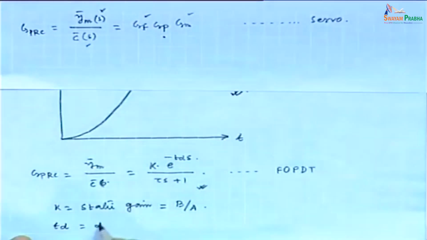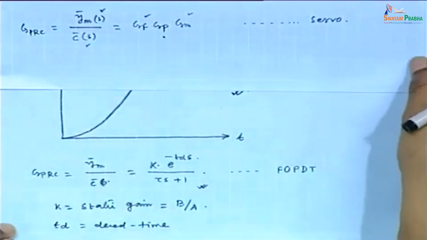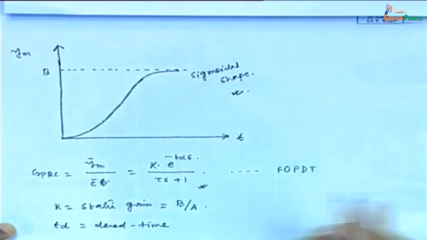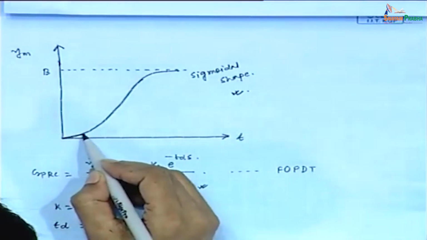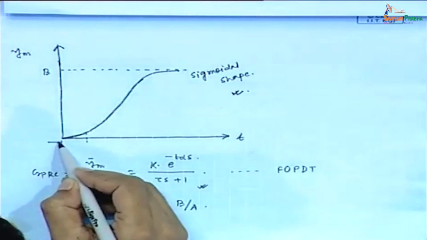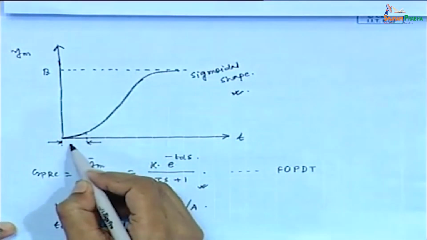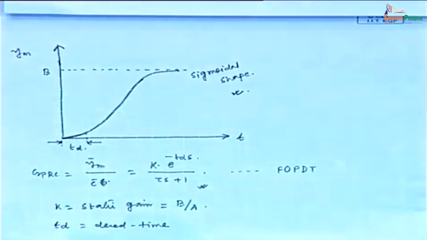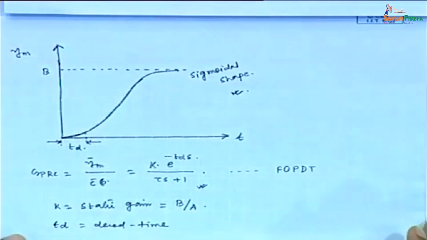Td is dead time. Dead time value we can obtain from this plot. This is the dead time. Fine.